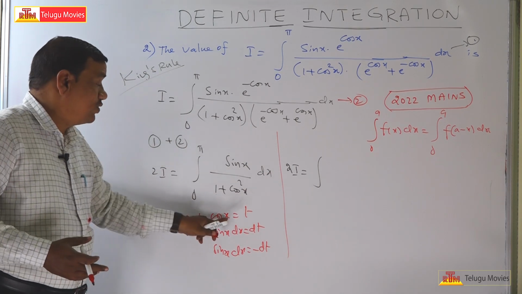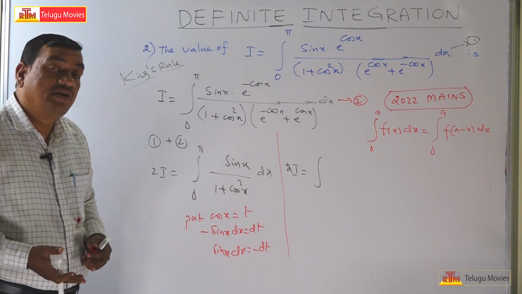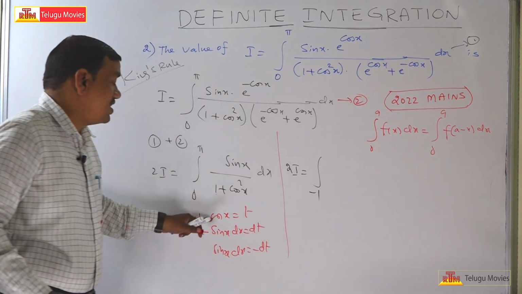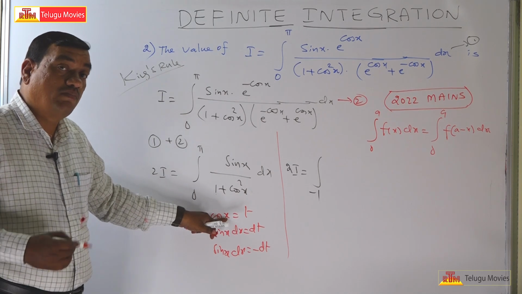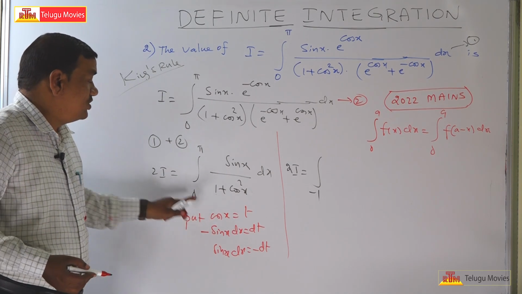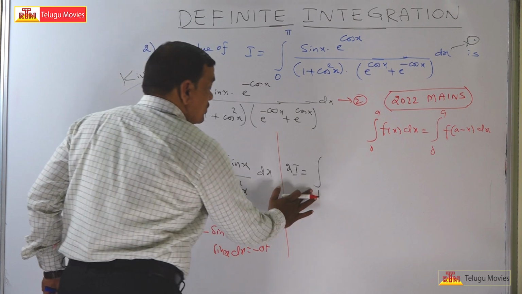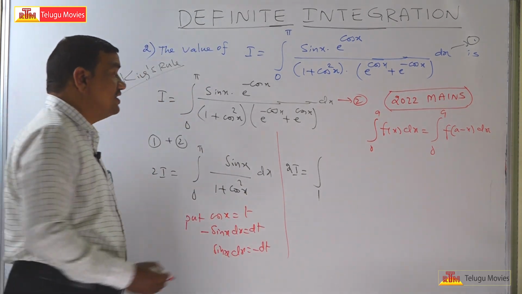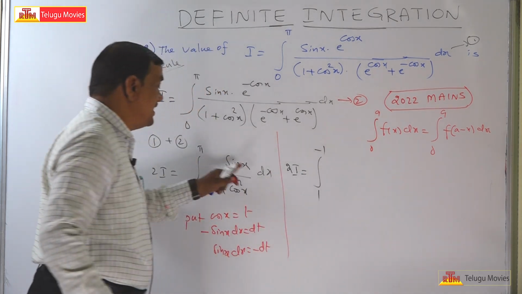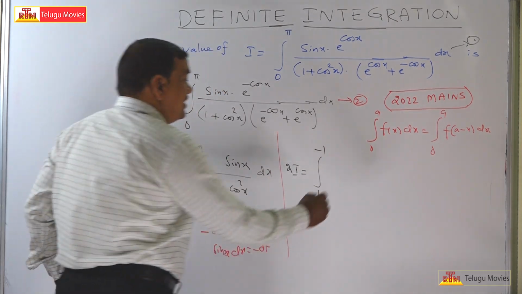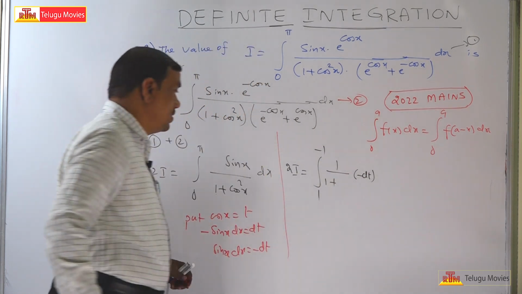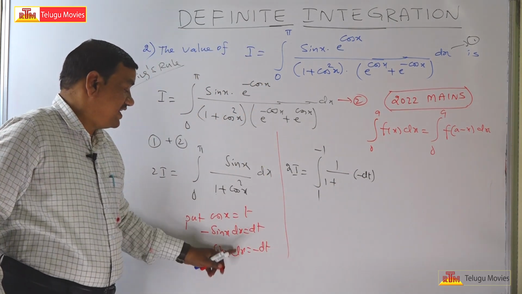If x is equal to 0, then what will be your t? cos 0 is equal to 1. If the upper limit is pi, cos pi value is minus 1. So sin x dx is equal to minus dt upon 1 plus t square, that is, 1 plus cos square x means how much?